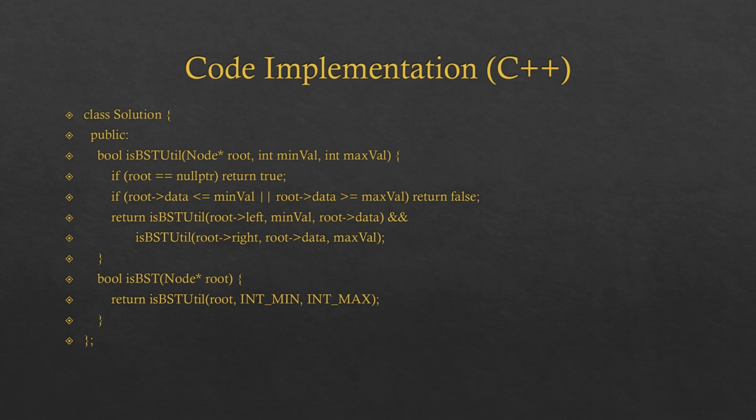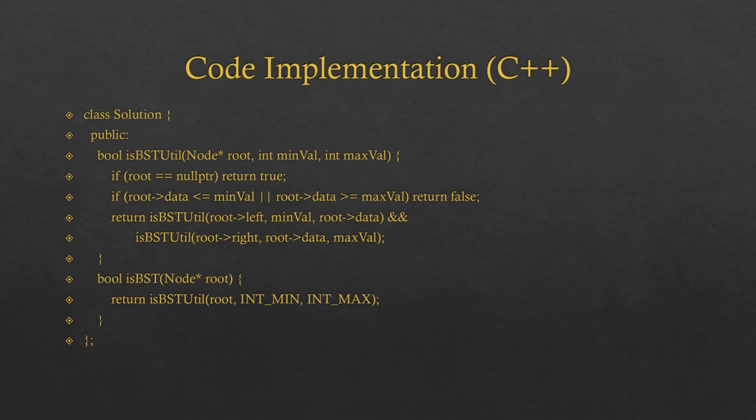Now let's implement this logic in C++. We define a helper function isBST that takes the root node along with minimum and maximum constraints. If the node is null, we return true. Otherwise, we check whether the node's value falls within the valid range.